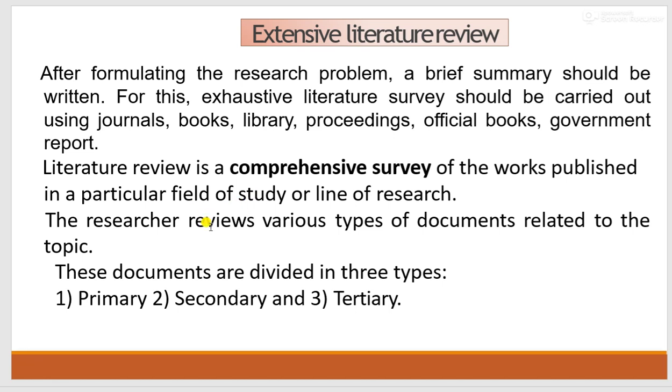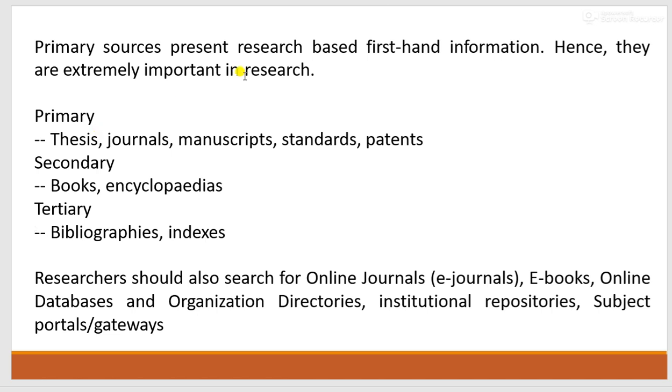There are three types of documents available for literature review. Number 1, primary source. Number 2, secondary. And number 3, tertiary source of literature. Primary sources represent research-based first-hand information, hence they are extremely important in research.